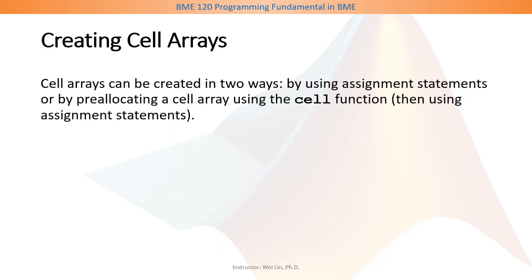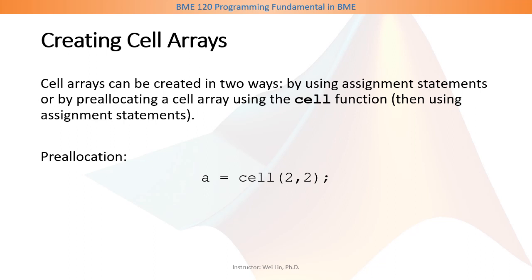There are two ways to create a cell array. One is to use an assignment statement, and the other is to use a function called cell to pre-allocate a cell array. This is an example of pre-allocating a cell array.